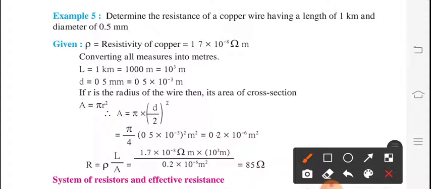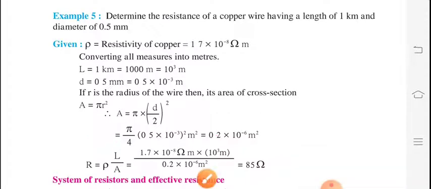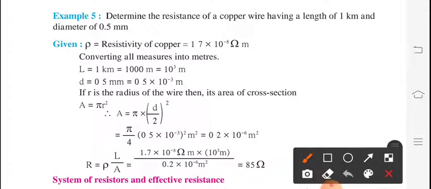This is the area of the cross section. Now we have the formula R is equal to rho, which is resistivity, into L upon A. So we can substitute all the values which are given, and you will get the final answer as 85 ohm.